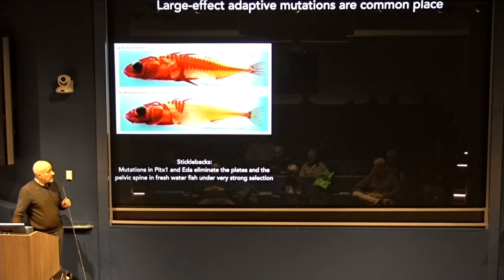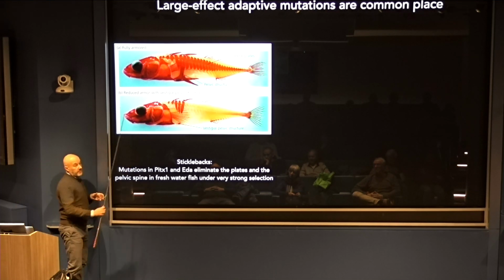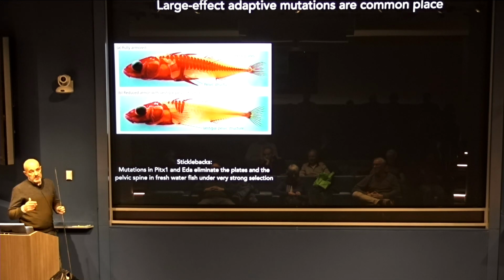For example, in these case studies in sticklebacks, there are marine forms and then there are freshwater forms. The sticklebacks move to the lakes, and they repeatedly lose plating and lose this pelvic spine. In both cases, there's a single large effect mutation that generates this.